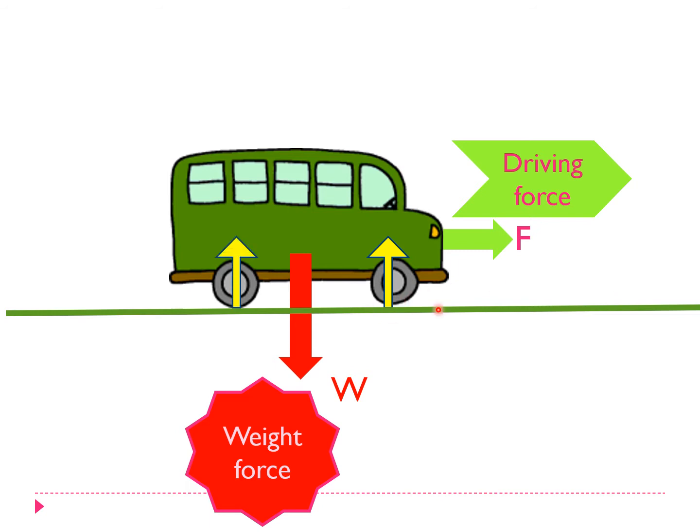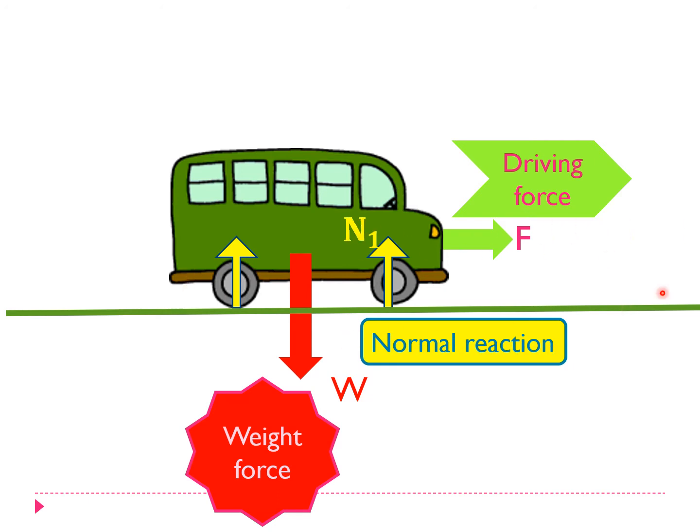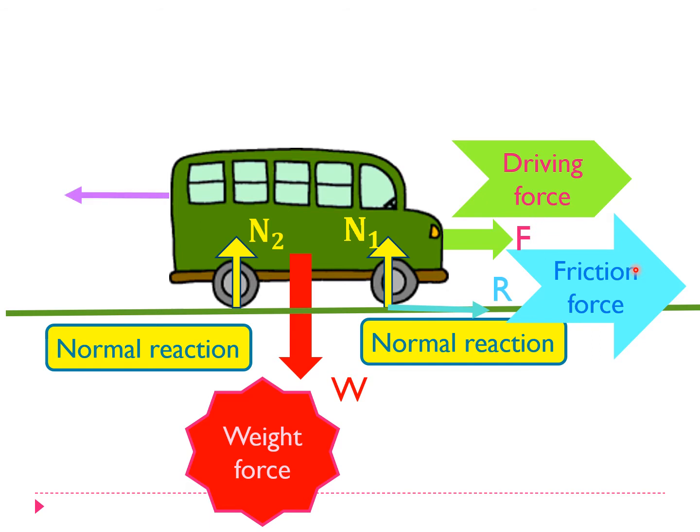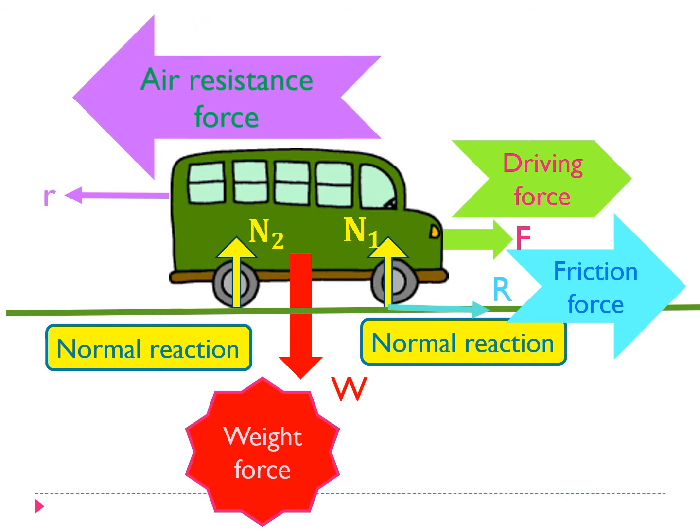And the third one is the normal reaction, N1 and N2. And the next one is the friction force on the road, the friction force R. The last one is the resistance of the air.